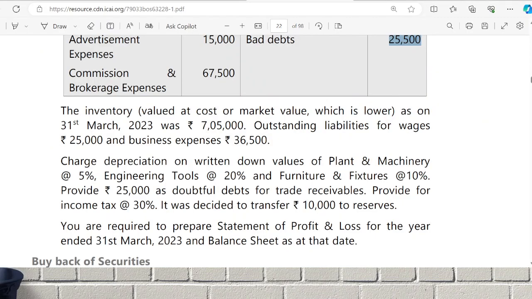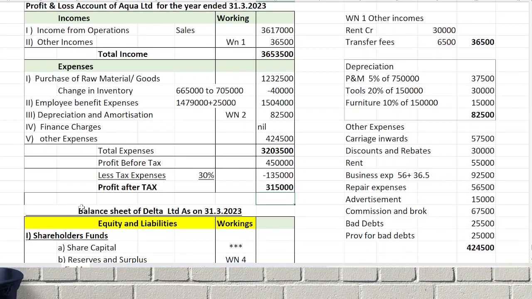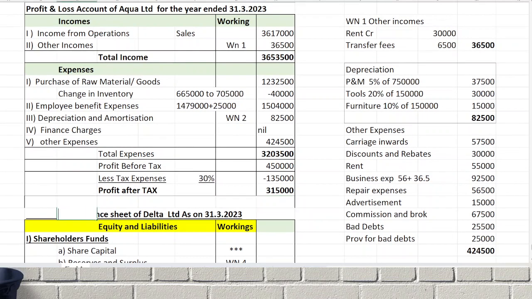What is the tax rate given? 30%. Then continue with the balance sheet.